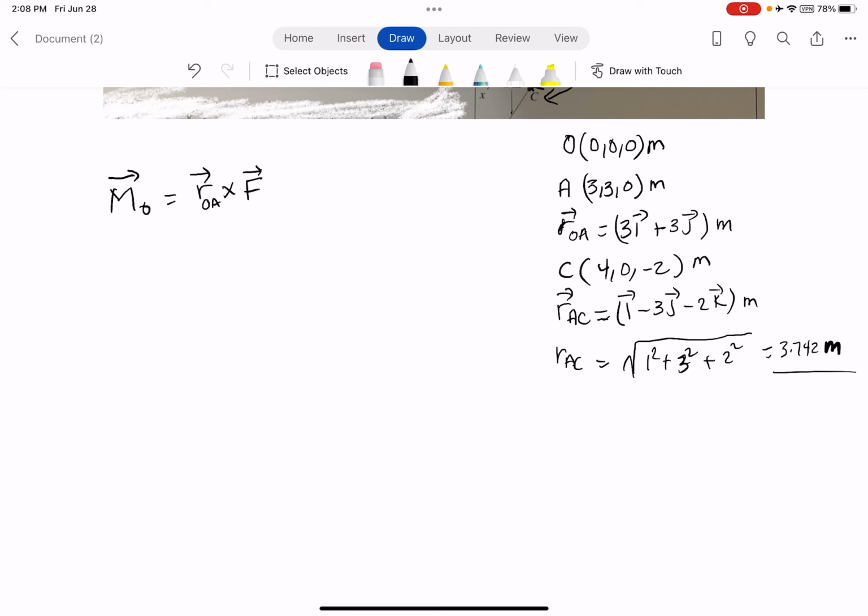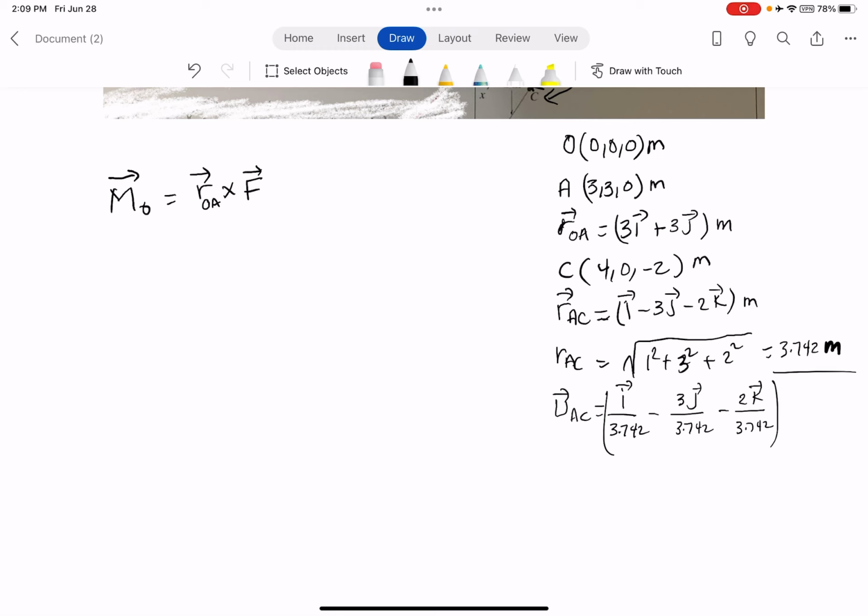Now we find the unit vector of r AC: i over 3.742, minus 3j over 3.742, minus 2k over 3.742. The whole thing has no units.